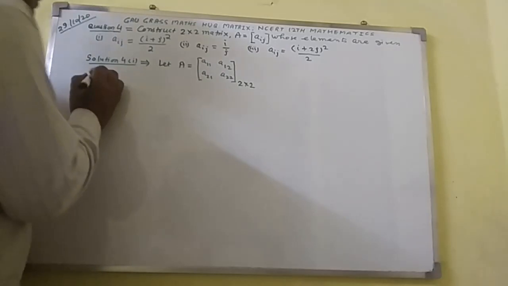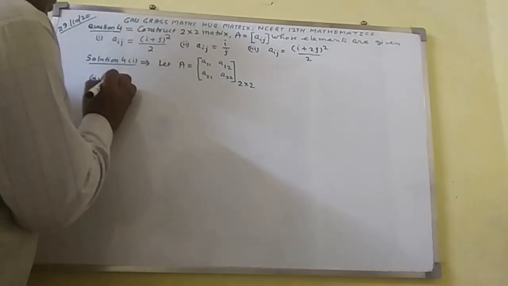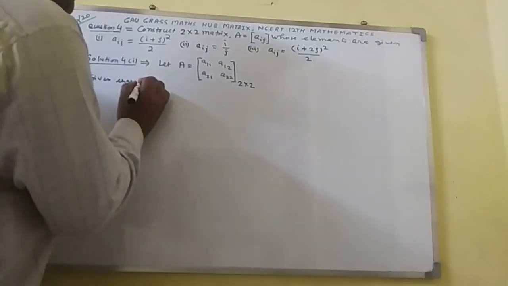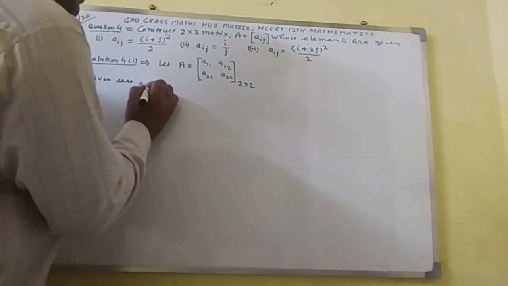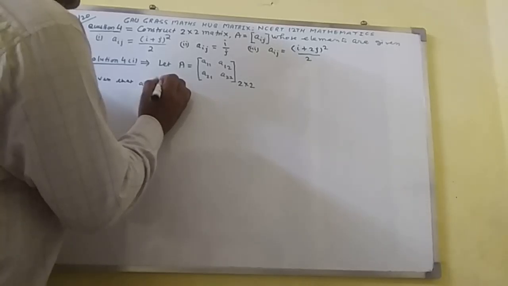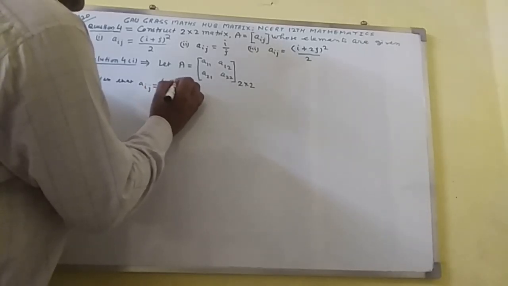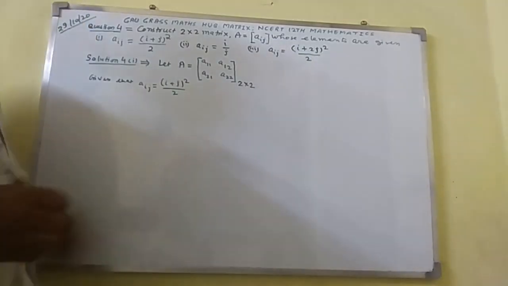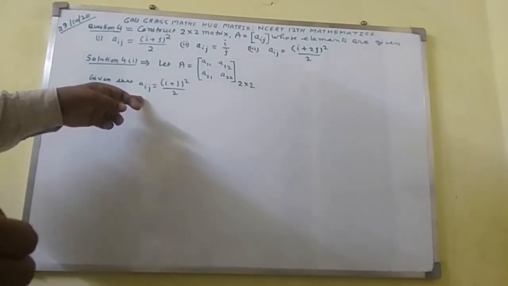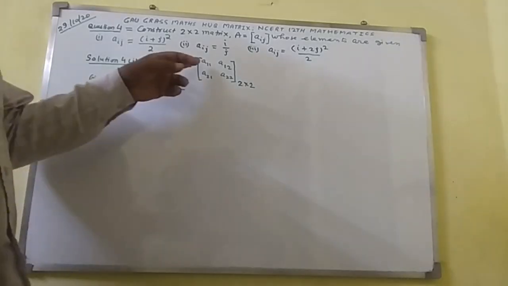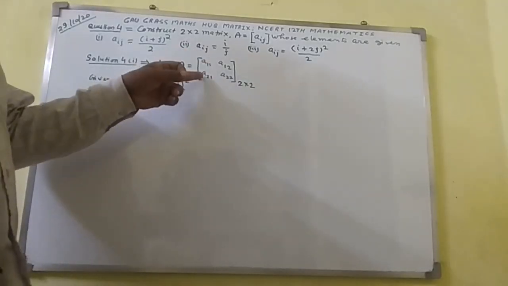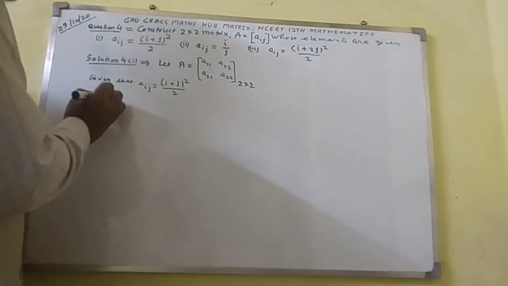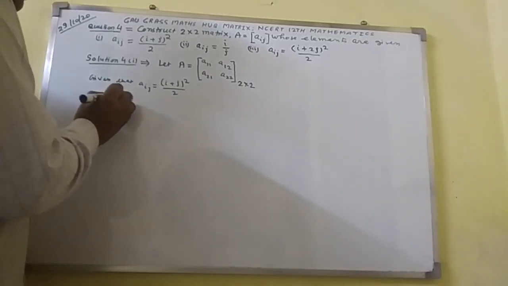Now here it is given that a_ij equal to (i plus j) whole square over 2. On this basis, I shall calculate a11, a12, a21, a22. First of all, I shall take a11.